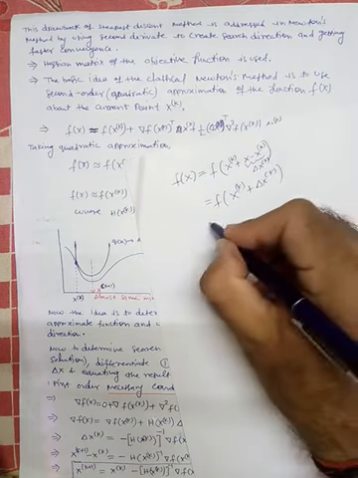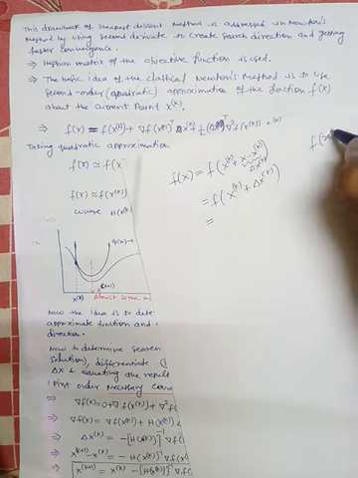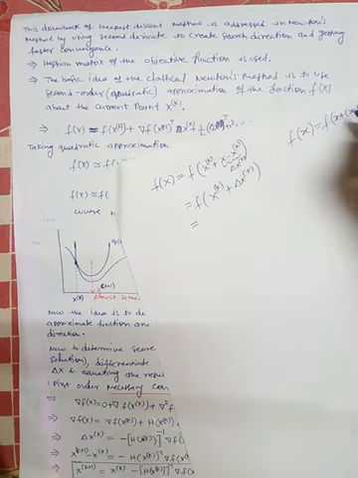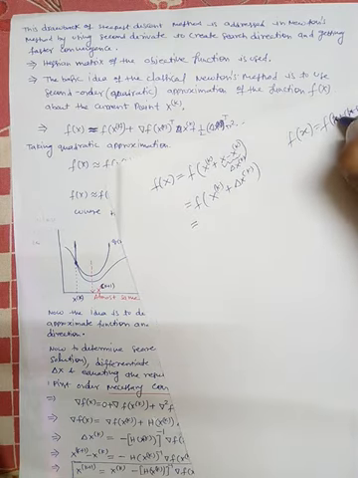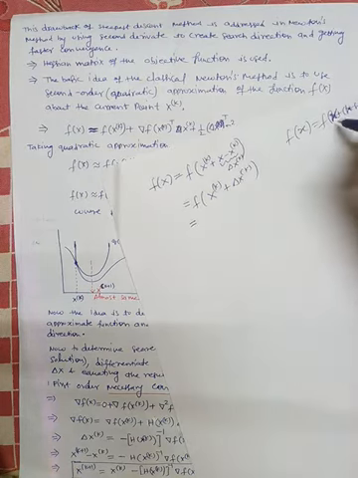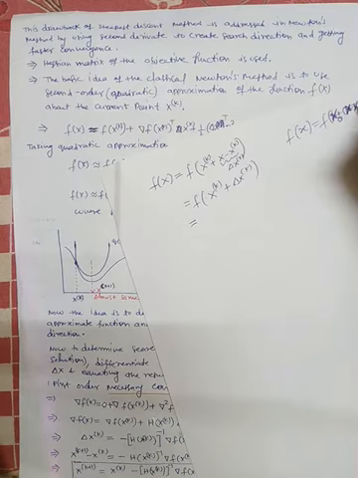Now, if you remember the ordinary Taylor expansion, the point is x naught, plus x minus x naught.